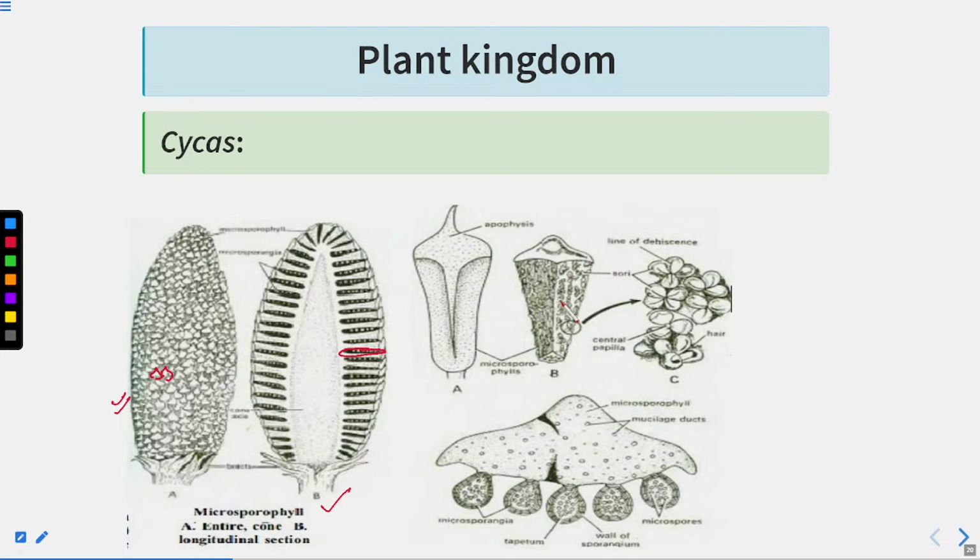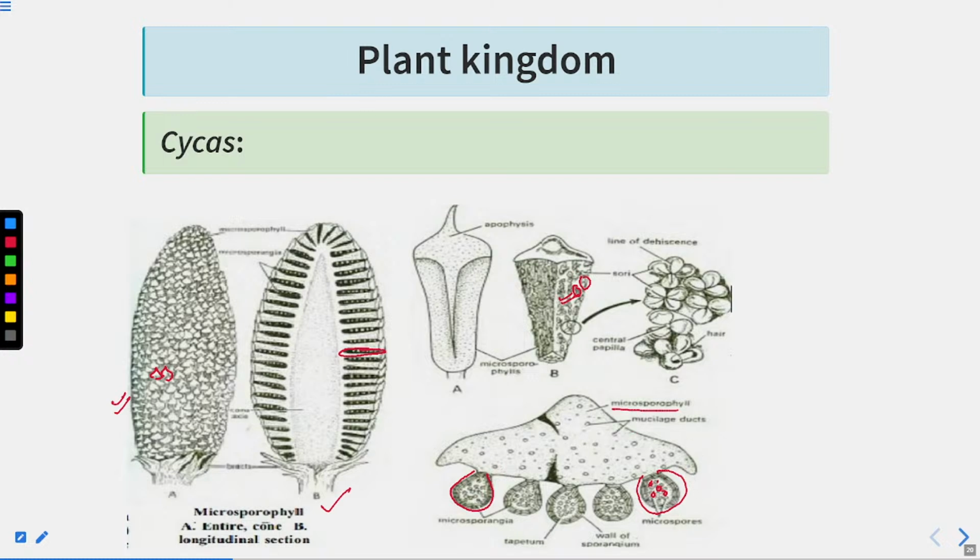This is the microsporophyll, and here these are the small sori. In the sori, spores are present. Here, this is the sori, also called the microsporangia, and inside the microsporangia you can see the numbers of spores, right?